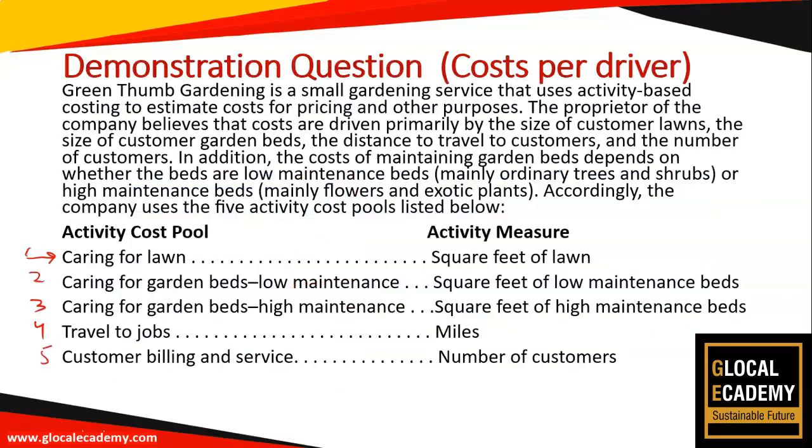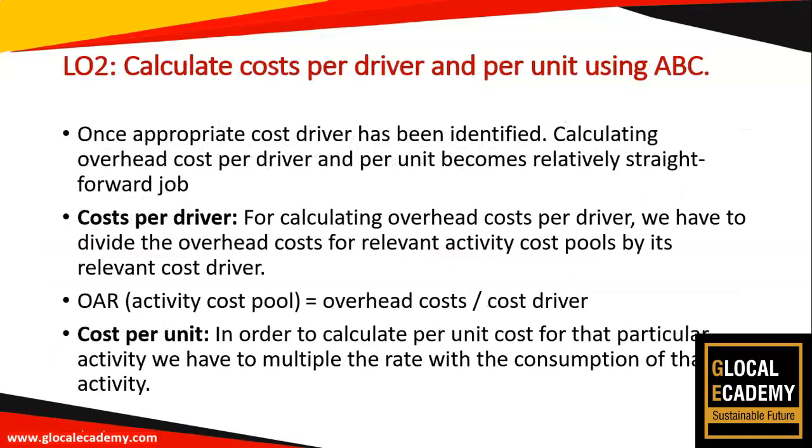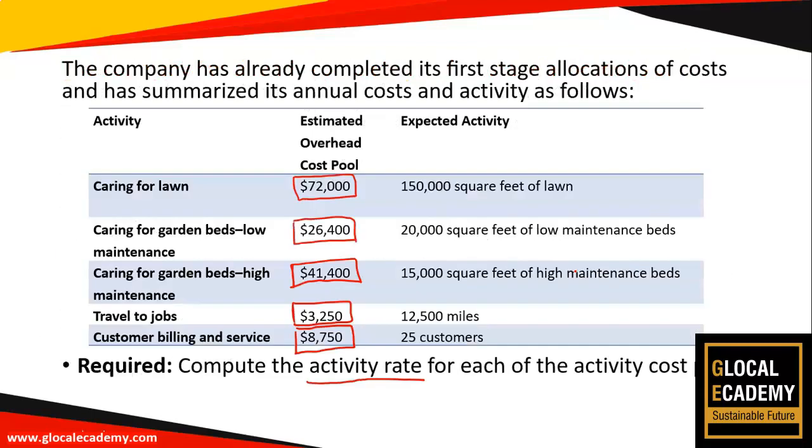Now remember, in the last slide I told you that activity rate will be calculated by dividing the overhead cost by the cost driver. So here in this question we are given information about the expected activity, which is an activity measure or the cost driver.